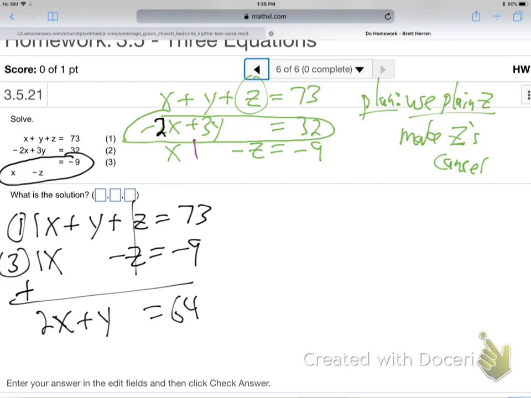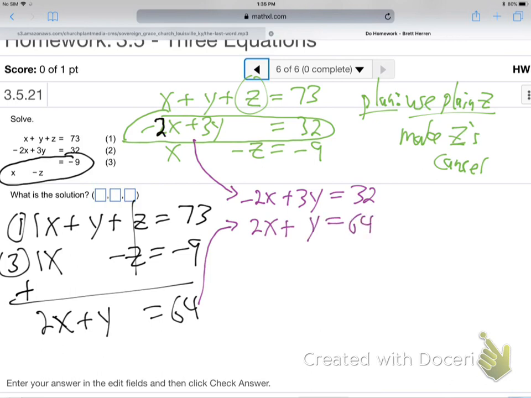So then our two equations are 2x plus y is 64 and minus 2x plus 3y is 32. Y'all tracking that far? Am I making sense? See how we've got two equations with two letters now? So you know what to do from there.